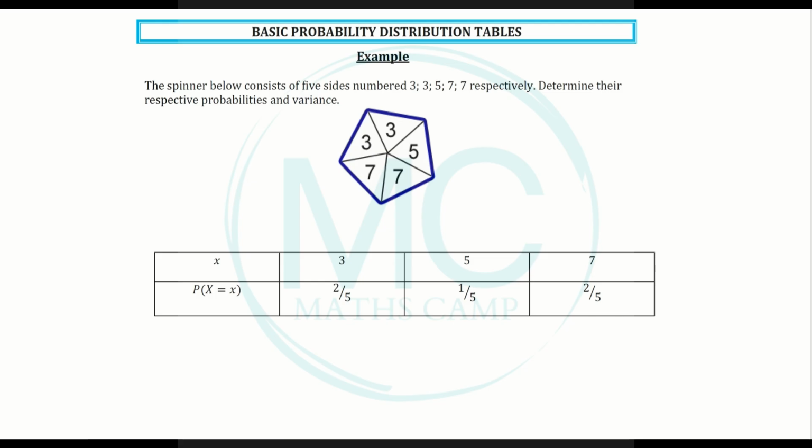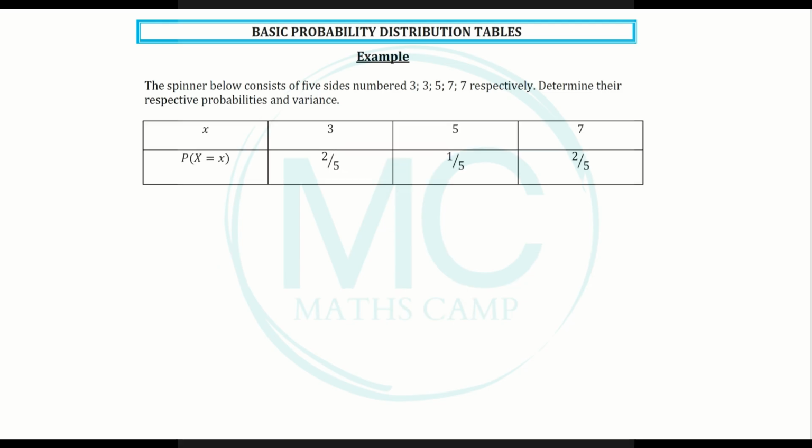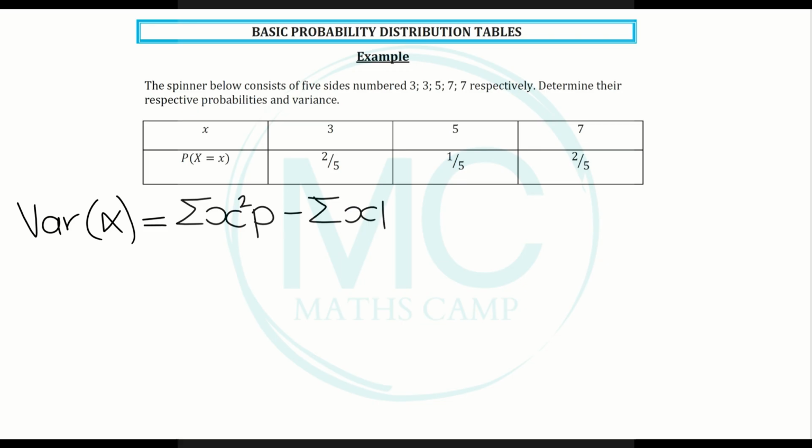Now we need to find the variance. So let's make some space. To find the variance, we use the equation: variance is equal to sigma x squared p minus (sigma xp) squared. Let's start with sigma x squared p. To find this, we need to square our x values.